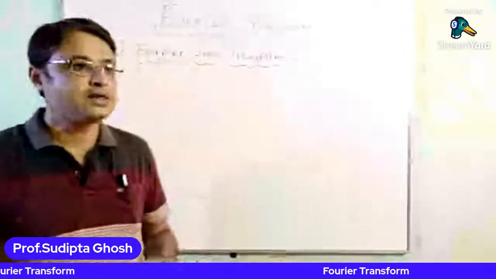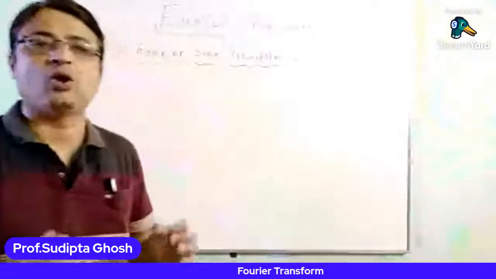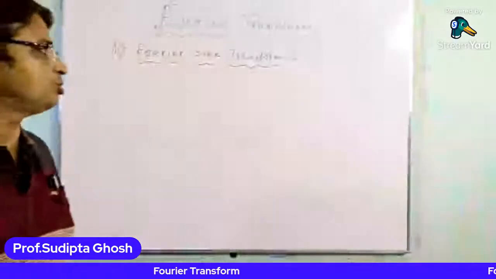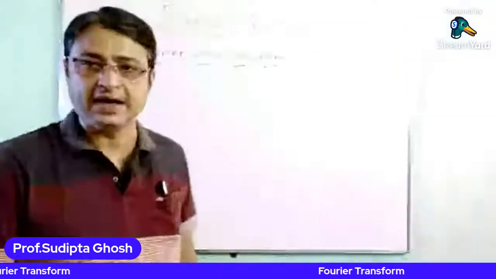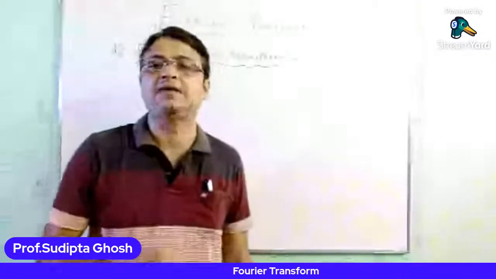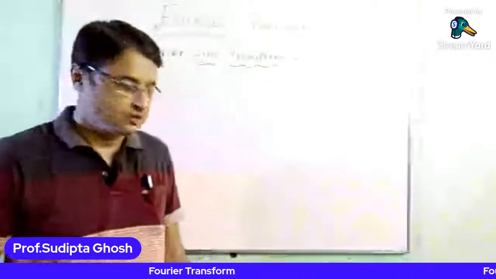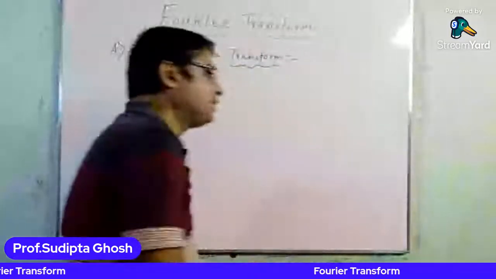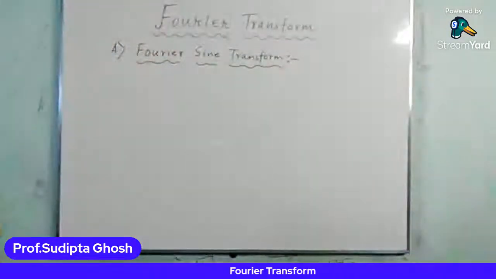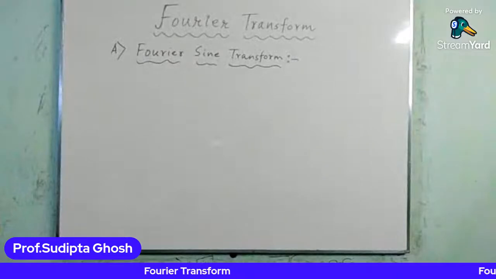Now, Fourier sine transformation can also be divided into two parts. One is for an infinite and the other one is a finite term. So the infinite Fourier sine transformation can be written as follows.